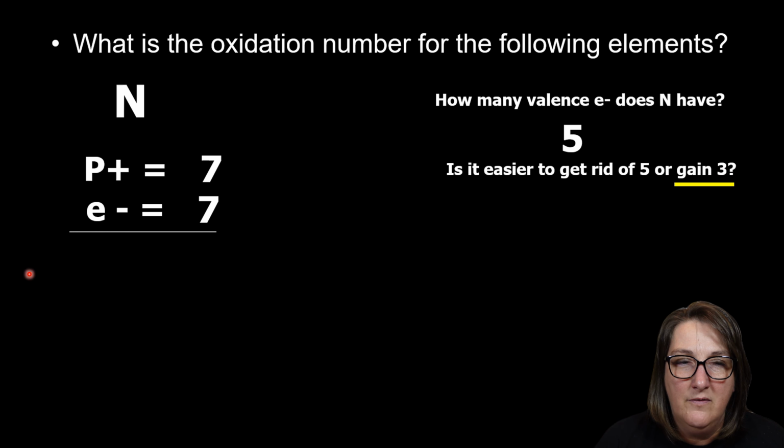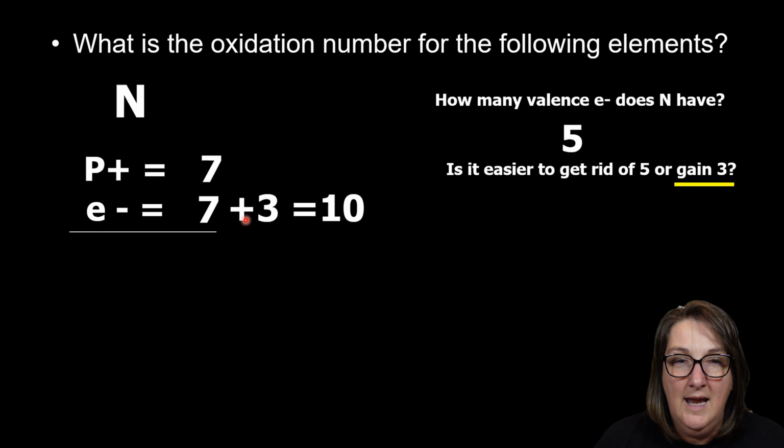So now we have to figure out what charge nitrogen is going to be if I gain 3 electrons. So if I gain 3, I'm no longer going to have 7 electrons, right? It's going to be 7 plus 3, which is going to give me 10. So I have 7 protons and 10 electrons.